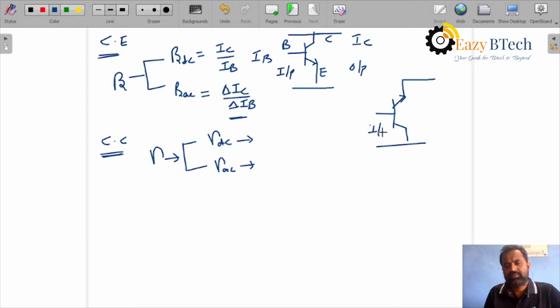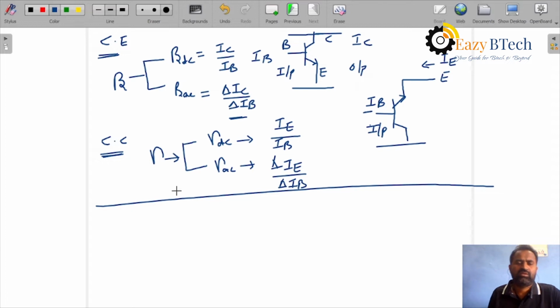This is the input, this is the output. The output is the emitter current IE, and the input is the base current IB. Now we write gamma DC is equal to output IE by IB, and gamma AC is change in IE by change in IB.